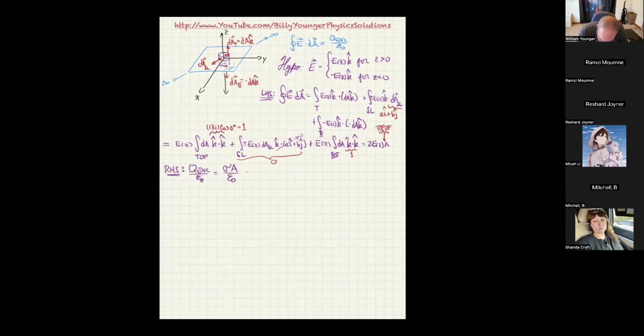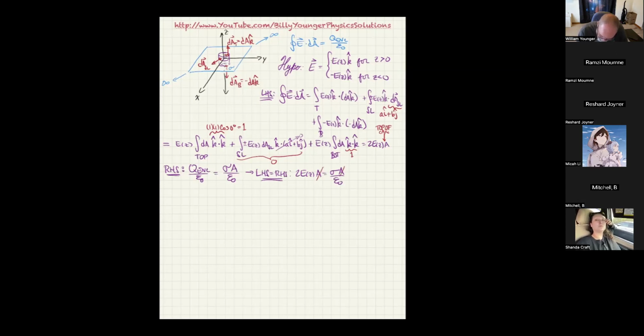Now I can say left-hand side equals right-hand side. And that's going to give me 2E of Z times A is equal to sigma A over epsilon naught. And of course, these A's cancel out.